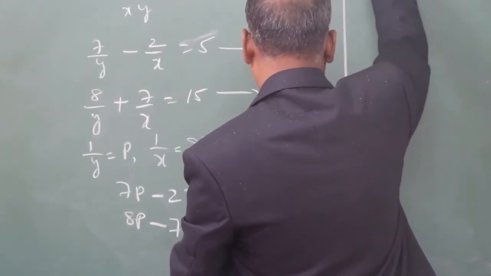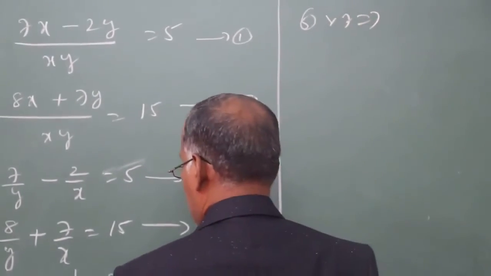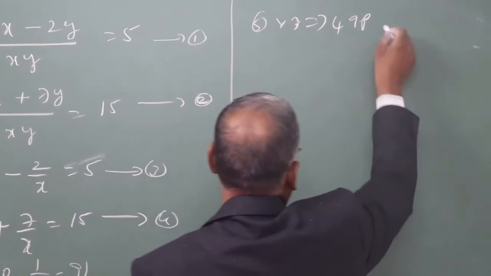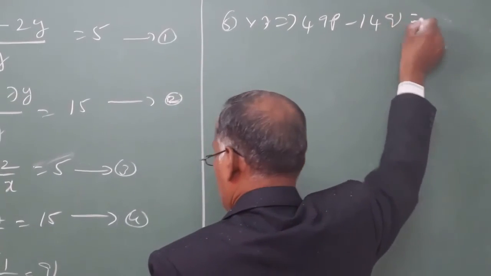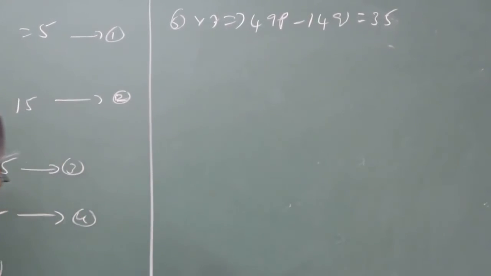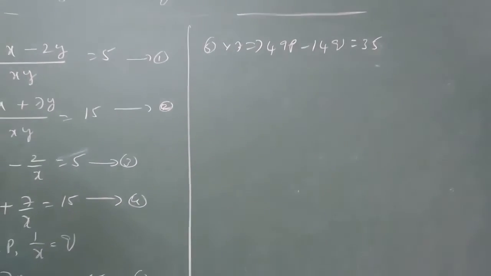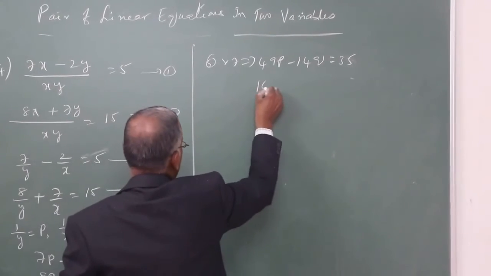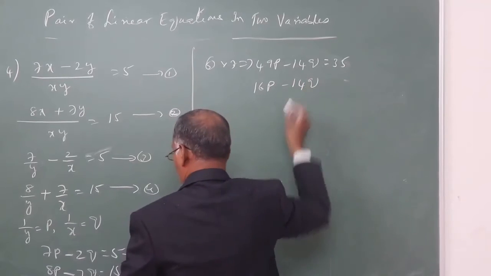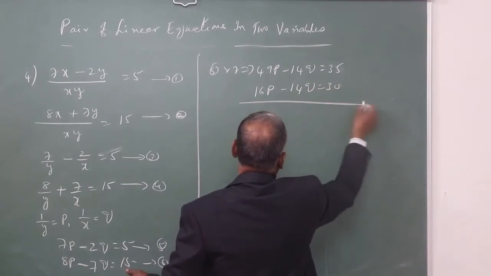First equation, now the fifth equation, if you multiply with 7: 7 sevens are 49p, 7 twos are 14q, 7 fives are 35. Similarly, the second equation, you have to multiply with 2. Yes, 2 eights are 16p, 2 sevens are 14q, now 2 fifteens are 30. Look at this now.